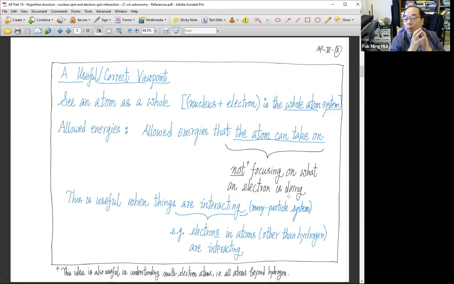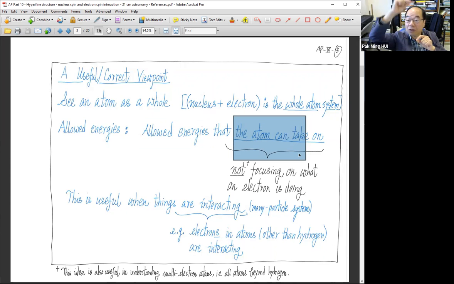So it will be more useful if you think about the allowed energies as the allowed energies for an atom as a whole, not only thinking about it as due to the transition of an electron from one state to another. That idea will be important, for example, in many electron atoms.